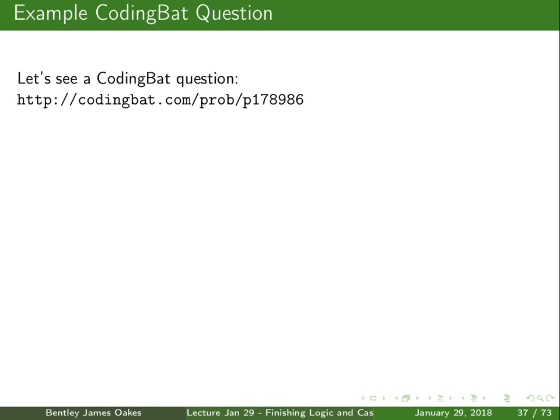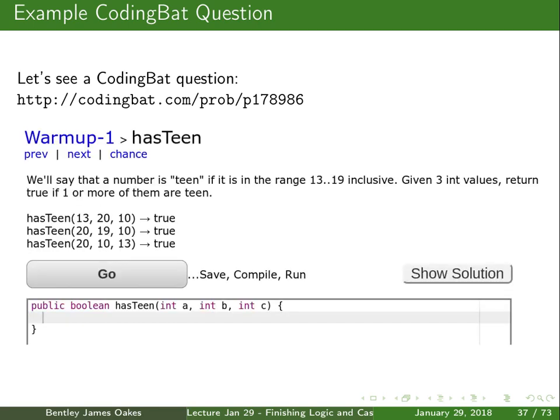So just to show you a Coding Bat question that talks about these, they love ands and ors on Coding Bat. So I just want to show you a quick little method and show you my solution and their solution, just to get you used to ands and ors, because we're going to use them all the time. So in this method, we say that a number is teen if it's in the range of 13 to 19.